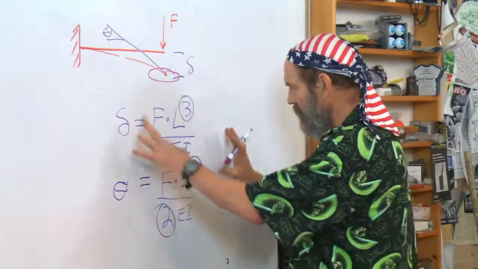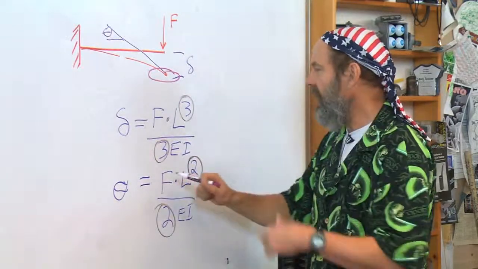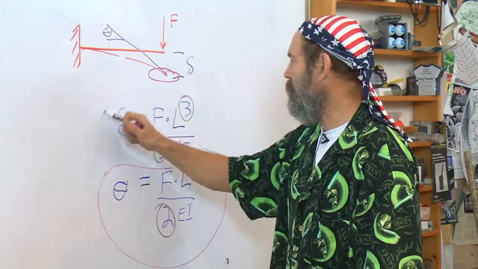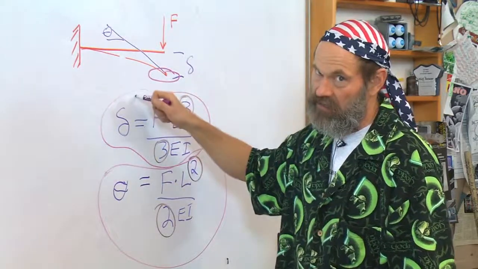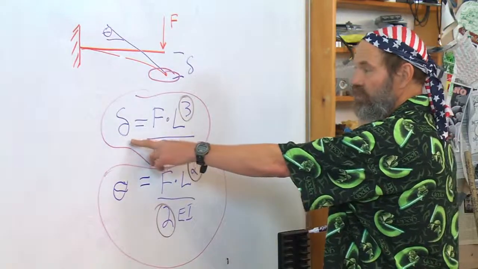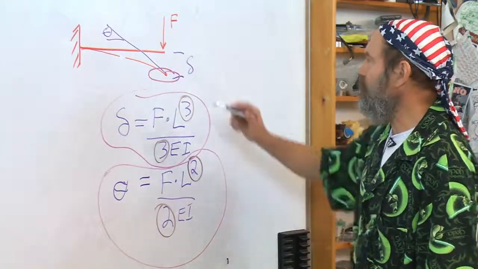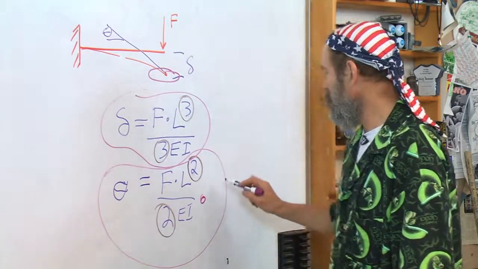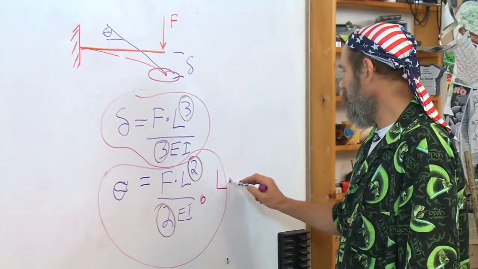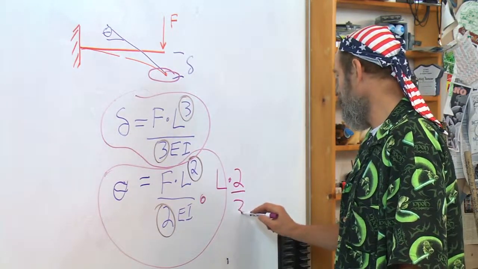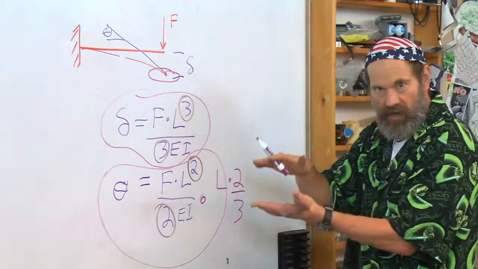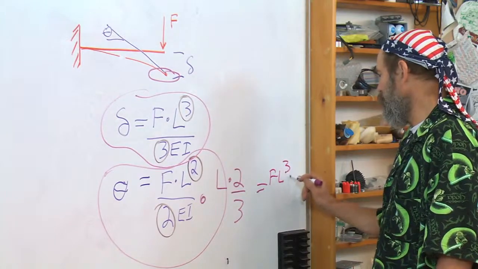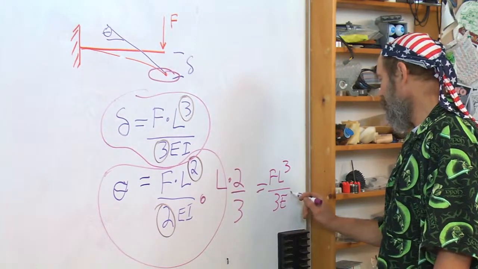So he looked at these relationships in his mind and said, wow, I can use the Abbe effect to cancel, this is like the reciprocity thing going on, this translation error. So all I need to do is take this angle times a length times 2/3, and I will get an Abbe offset of FL cubed over 3EI.